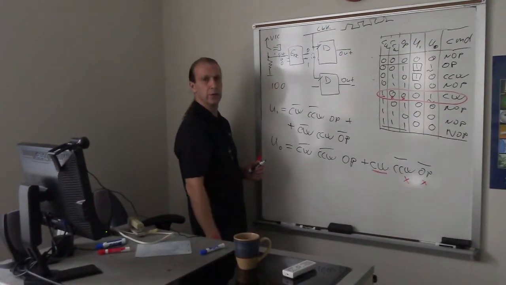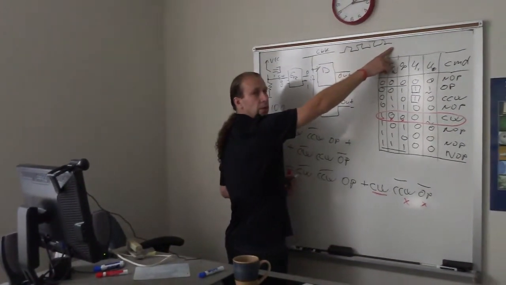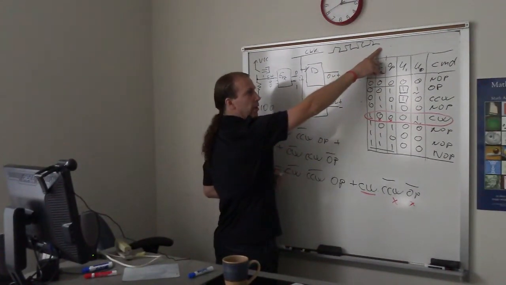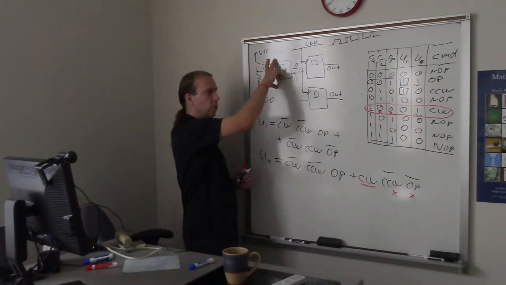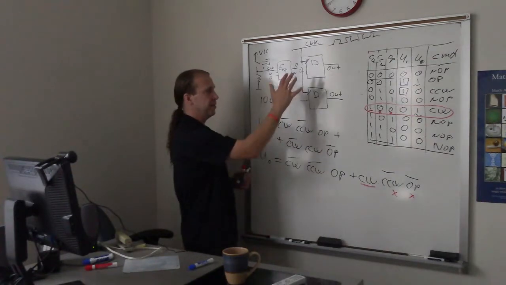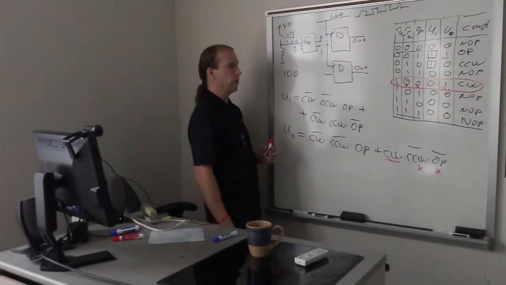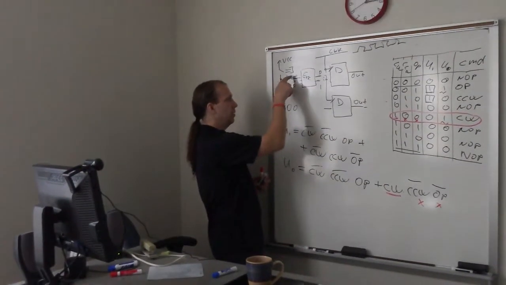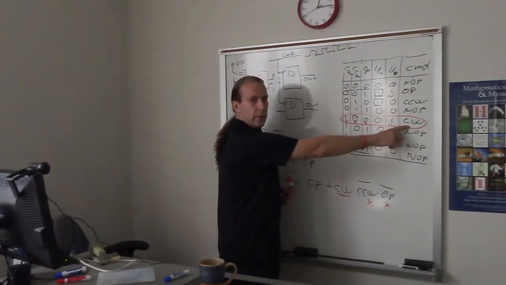What will this result in? Many clock signals will come in while we continue pressing the push button. In other words, let us say our state before we pressed the push button was A. That combination 0, 1 results in the CW command.